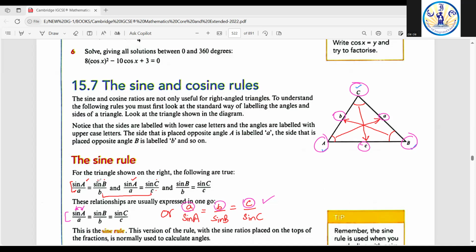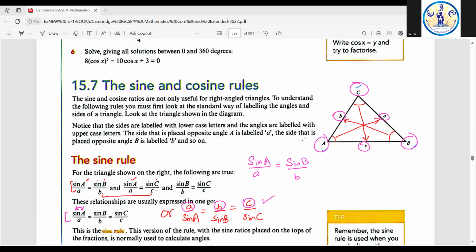Now this format can also be used as sine of angle A divided by a is equal to sine of B divided by b.